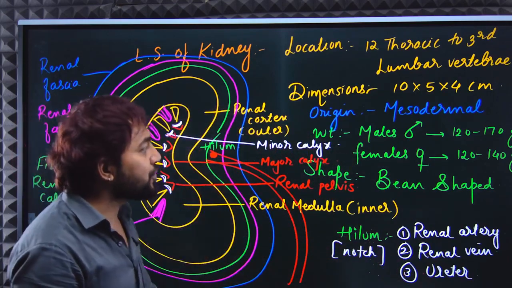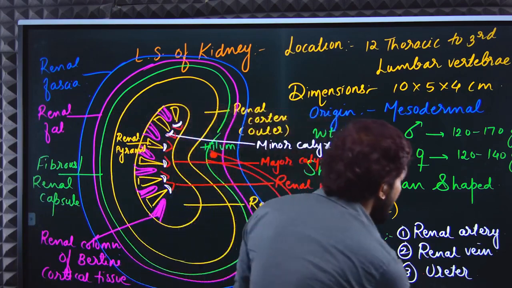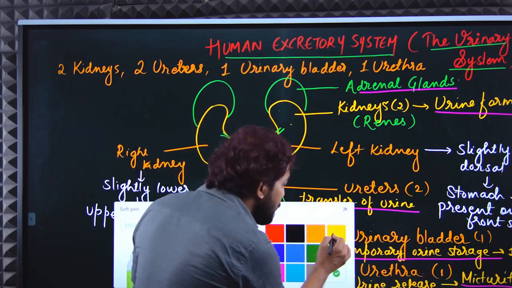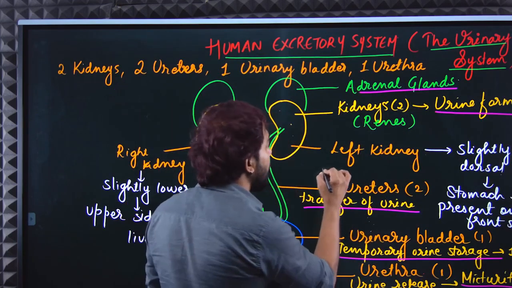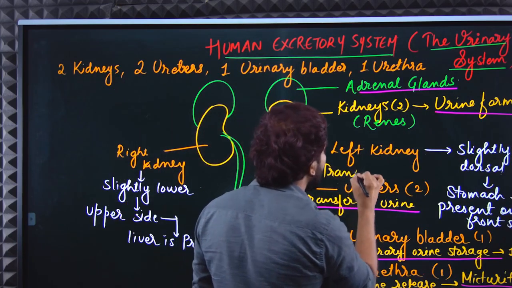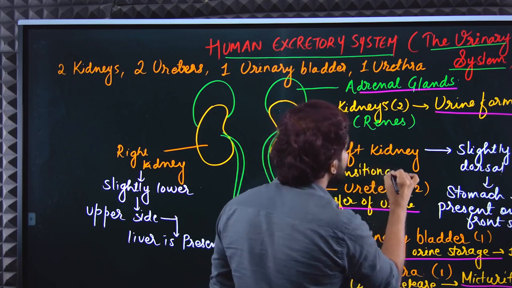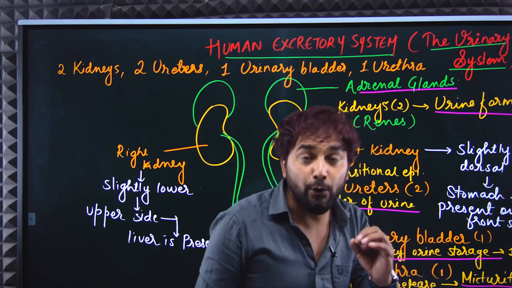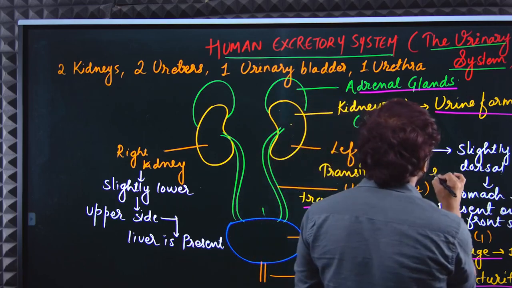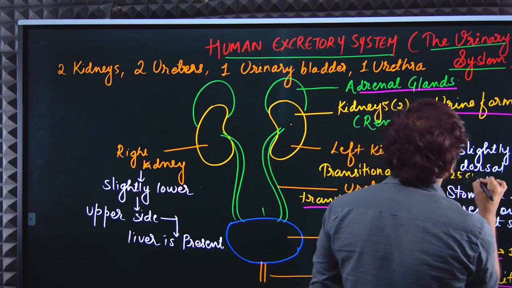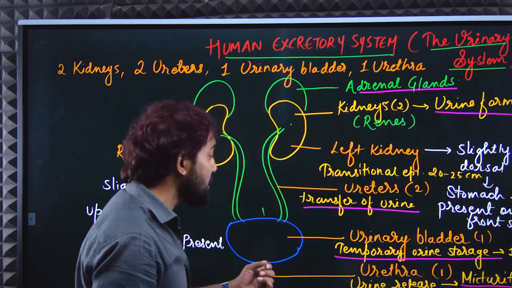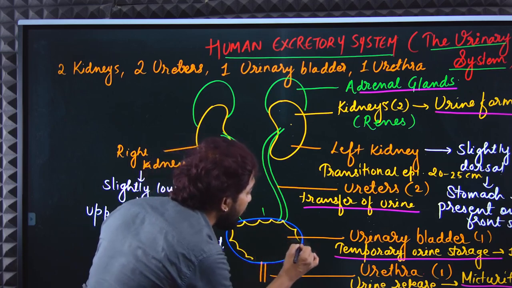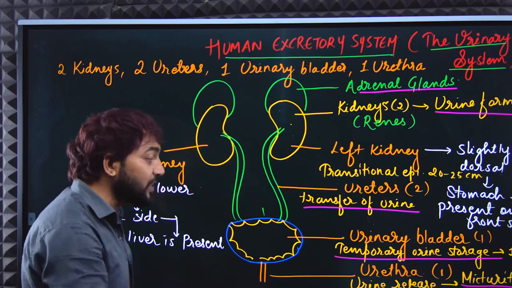This is the longitudinal section of kidney, and when it comes to the ureters, ureters are going to have the transitional epithelium, and the length of the ureters can be up to 20 to 25 centimeter. Urinary bladder has a layer which is also of transitional epithelium.